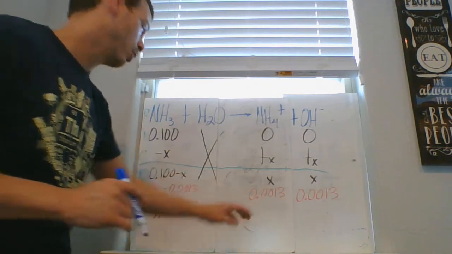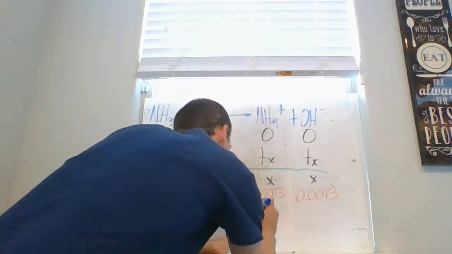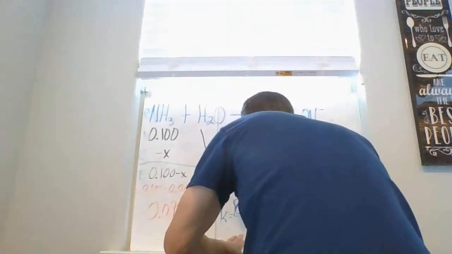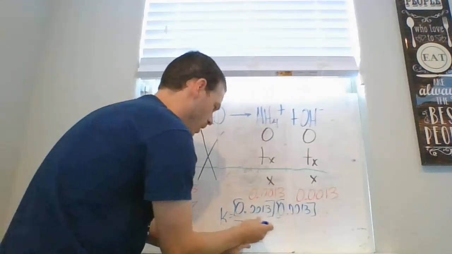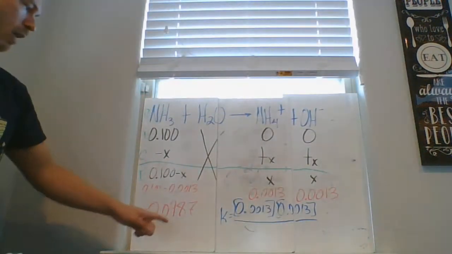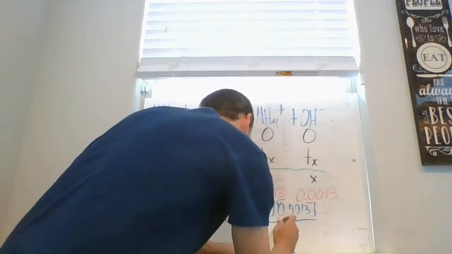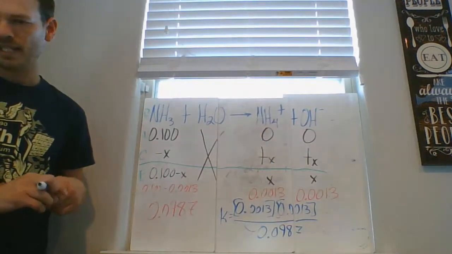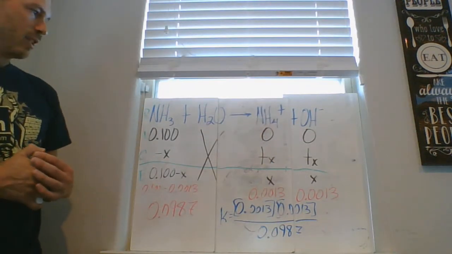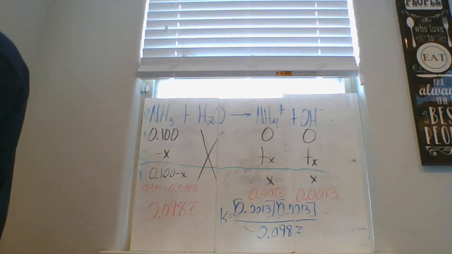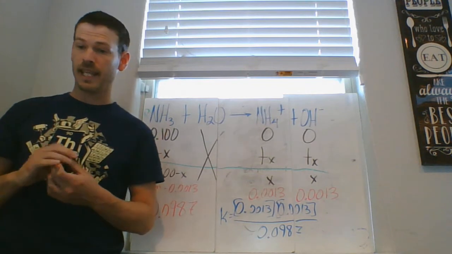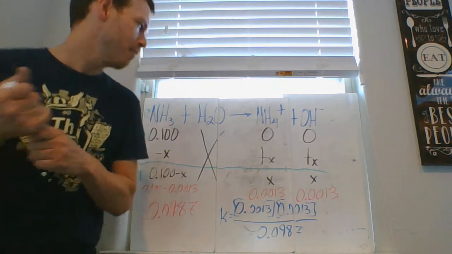But anyway, it's going to be 0.0013 times 0.0013, and we're going to put that over my 0.0987, because my reactant is the denominator. And when it's all said and done, and you type this into your calculator, you will finally find the value of K, which in this case is going to be 1.7 E5.